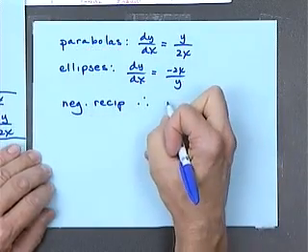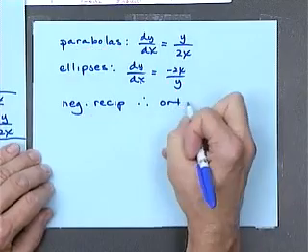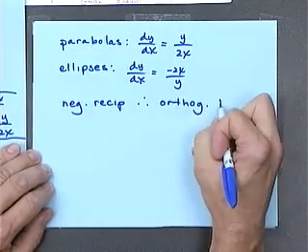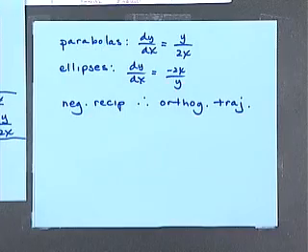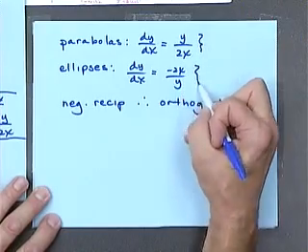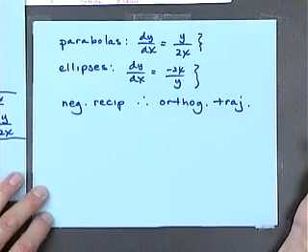Therefore, they are orthogonal trajectories. Where they meet at that point of contact or several points of contact, they are in fact perpendicular. Everybody see that? That and that are negative reciprocals.